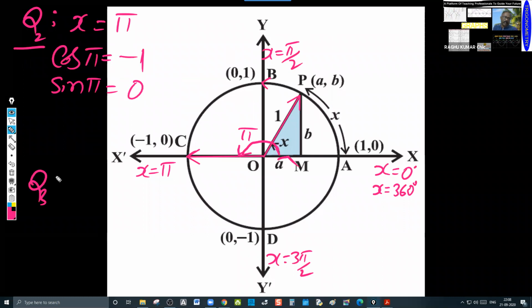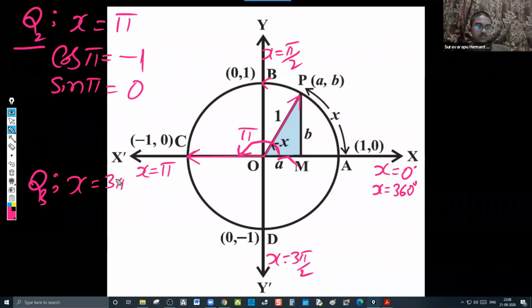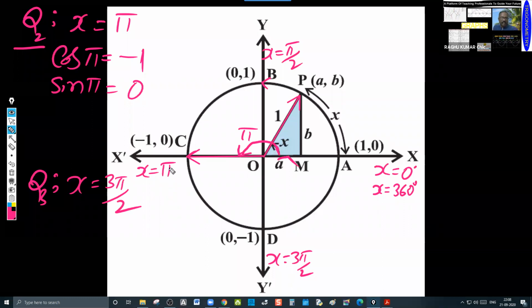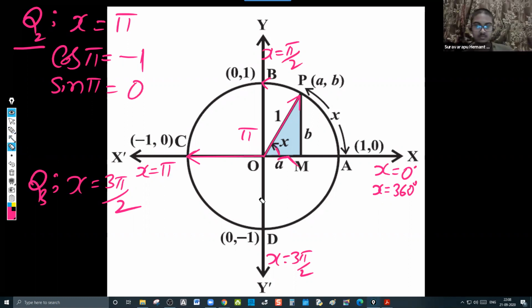Now let us move on to Q3, quadrant 3. Q3 is x is equal to 3 pi by 2. Is there any confusion for x equal to 3 pi by 2 there? No, sir.